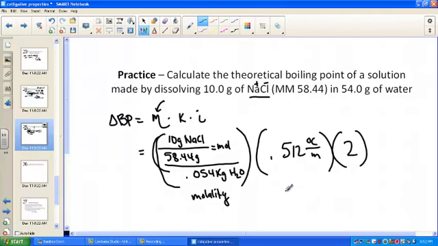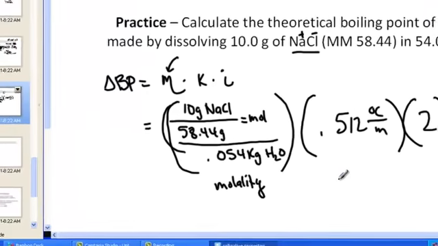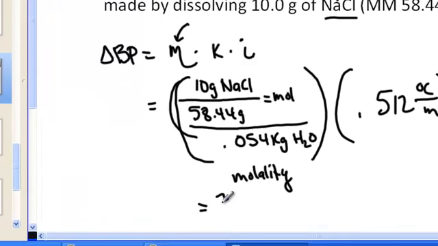How much is the boiling point going to raise? Well, I hit 10 divided by 58.44 divided by 0.054. And if you hit equal, you get 3.1688 or somewhere around there. There's our molality. Times 0.512 times the van't Hoff factor of 2.